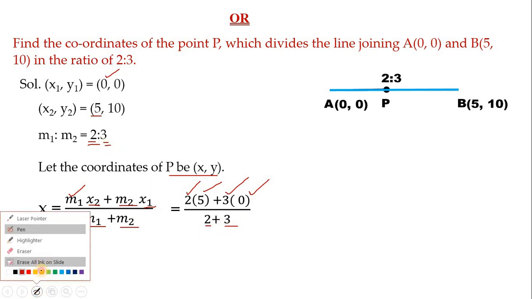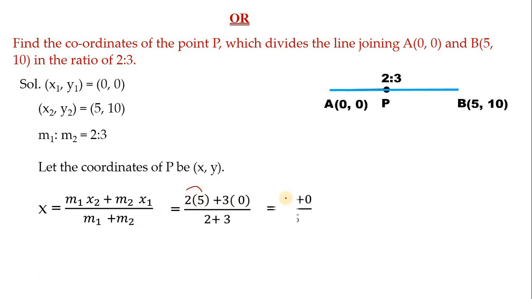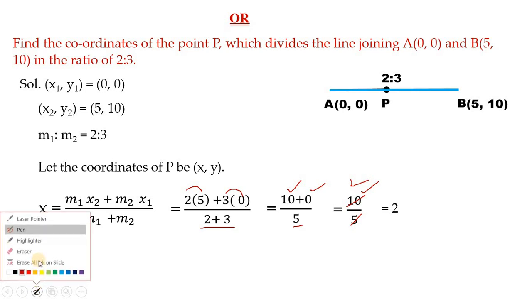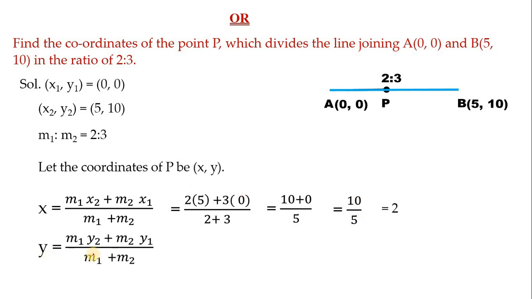Now simplify. 2 fives are 10, 3 zeros are 0, 2 plus 3 is 5. Now add. So 10 plus 0 is 10, 5 ones are 5, 5 twos are 10. Therefore x is 2. Similarly, let us find y.